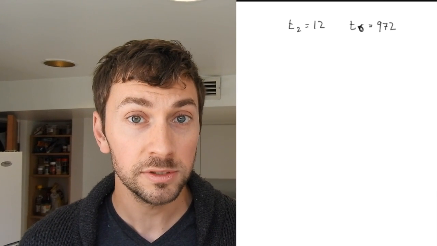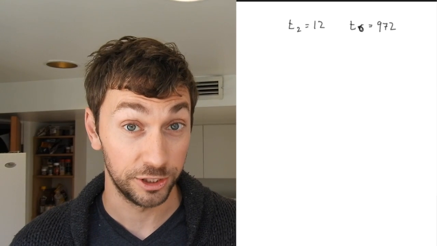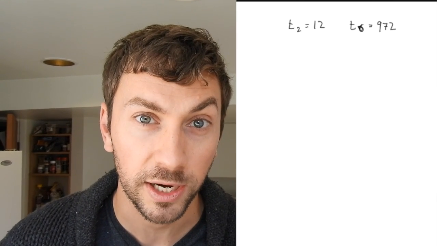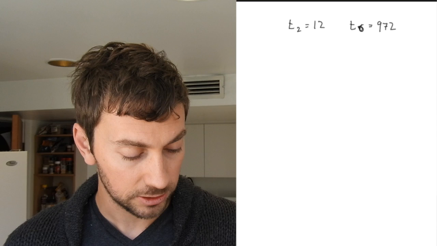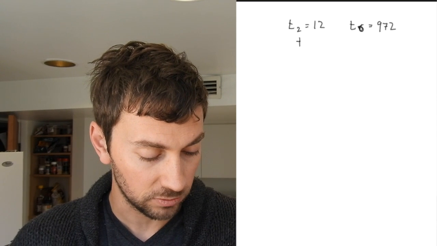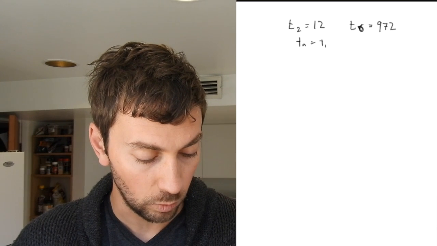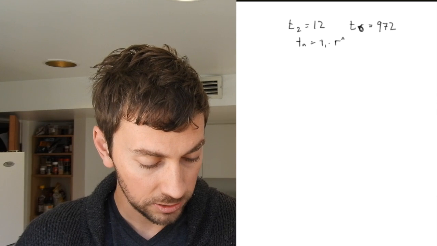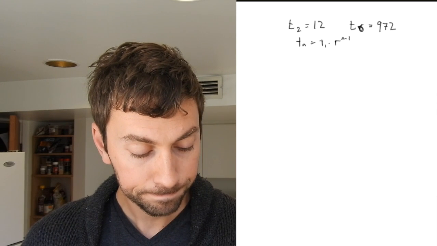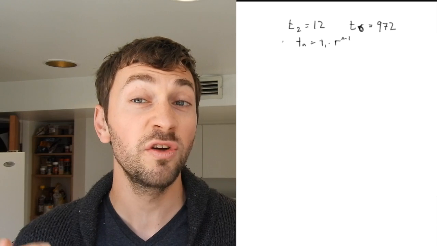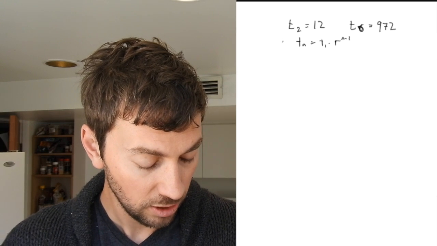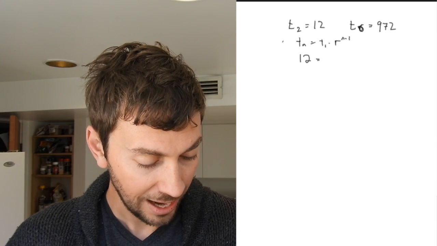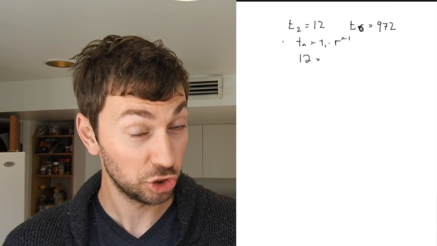But I have 2 numbers, and each of them corresponds to an equation. And there's a kind of a trick that you need. So let's start out, let's remember Tn equals T1 times R to the n minus 1. So for T2, I know the value is 12 on the left side, and I know the n is 2.